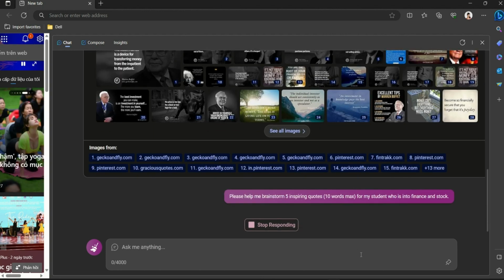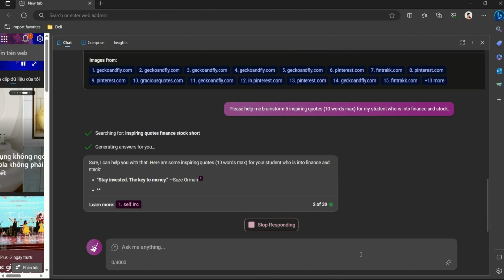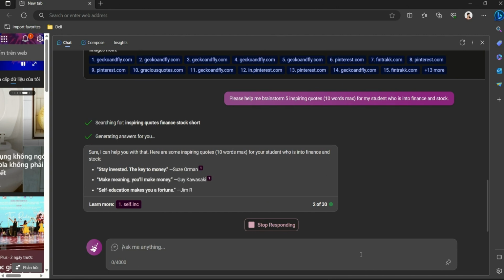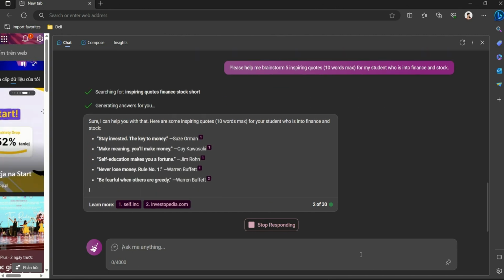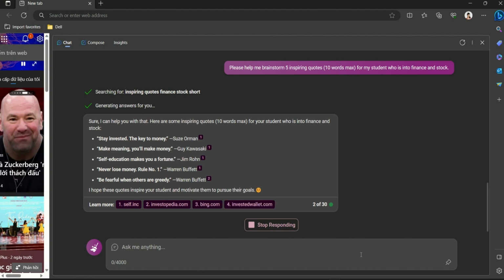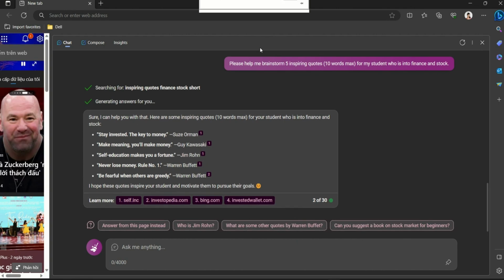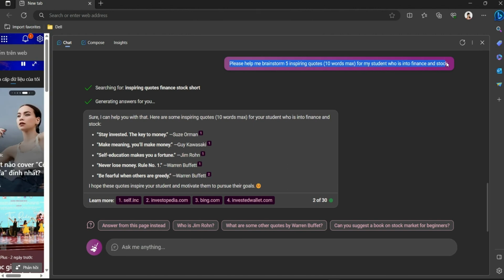I want it to be short, 10 words max. Okay, and let's see what it comes up with. Stay invested, the key to money. Make meaning, you'll make money. Be fearful when others are greedy. Okay, so these are already repeated. Now I want a bit more unique.